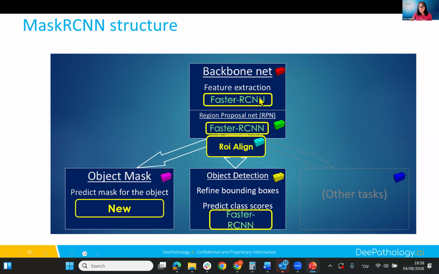So this is pretty much the same as the RCNN or the fast RCNN framework, but then it has two paths. One path would be to have an object detection, so to have the class, and the other path would be to predict the mask. So to do prediction of the mask and have the exact boundary.